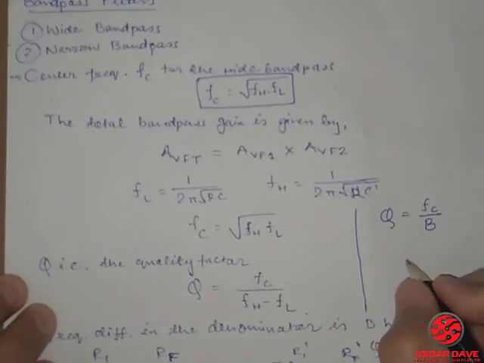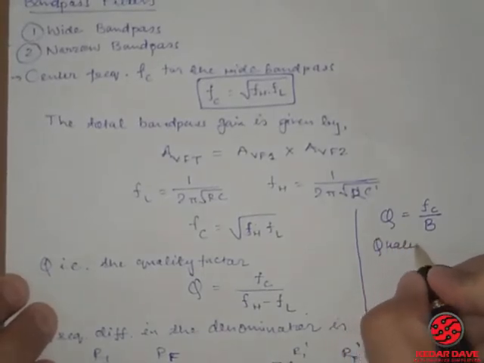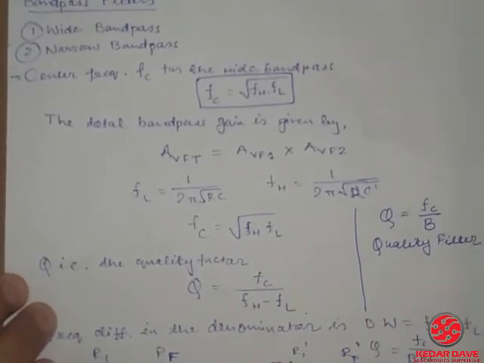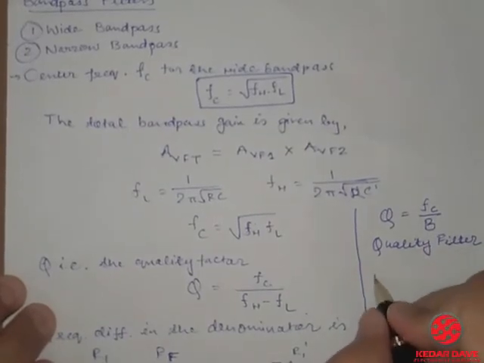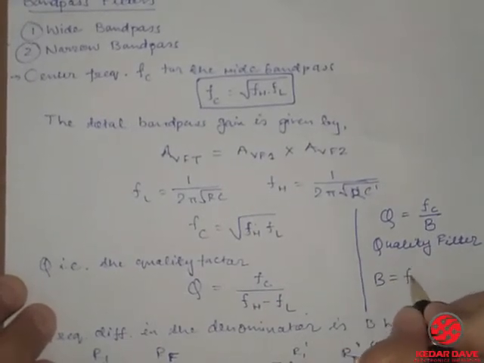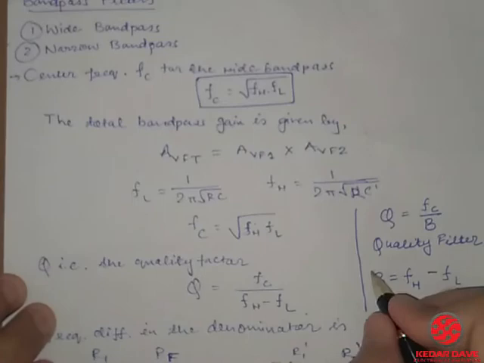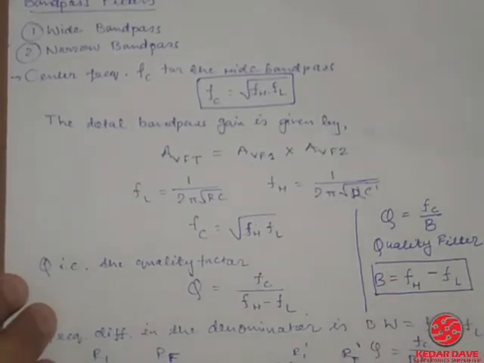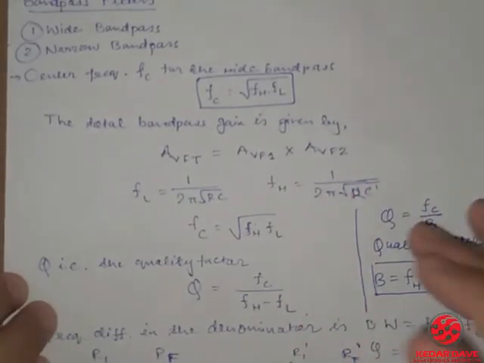So this will be my Q, that means the quality factor of the filter, how much qualitative output it is giving, and B equals Fh, our higher side frequency, minus Fl, the lower side frequency. So this way it can be represented.